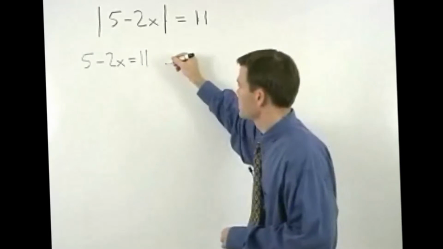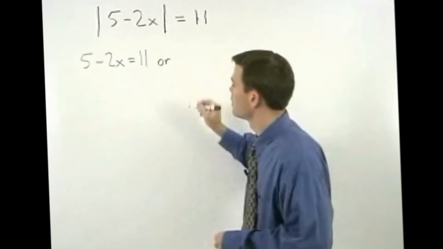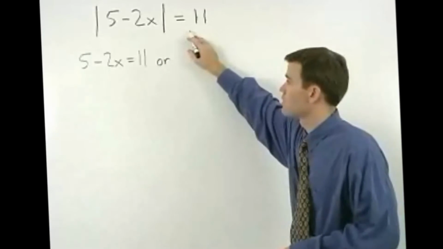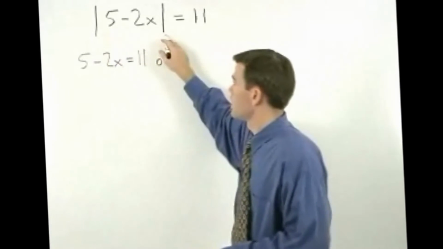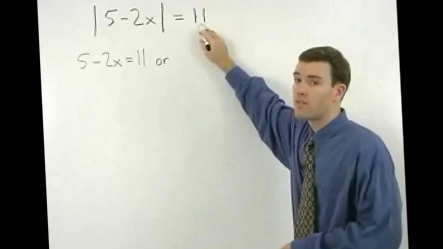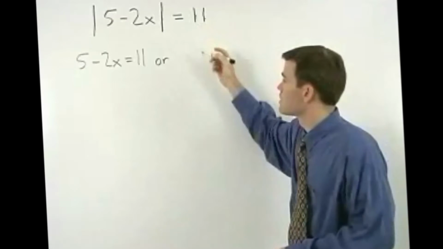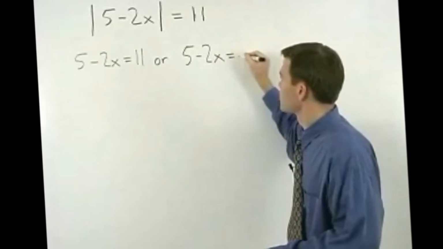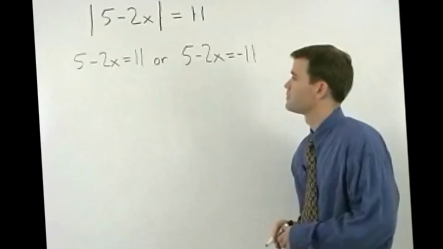Our equations will be separated by the word OR, and our second equation will look exactly like the original, except for the absolute value signs, and we'll change this 11 to a negative 11. So we have 5 minus 2x equals negative 11.